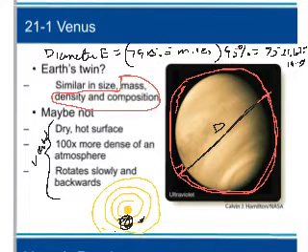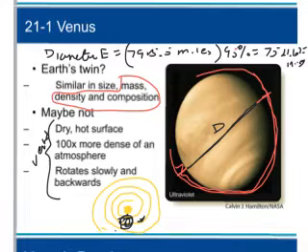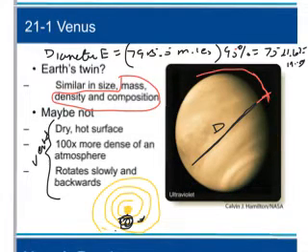Venus also has a much denser atmosphere, 100 times more dense. The solid part in this picture shows the physical planet, the part you could touch, but remember the atmosphere surrounds that ball.